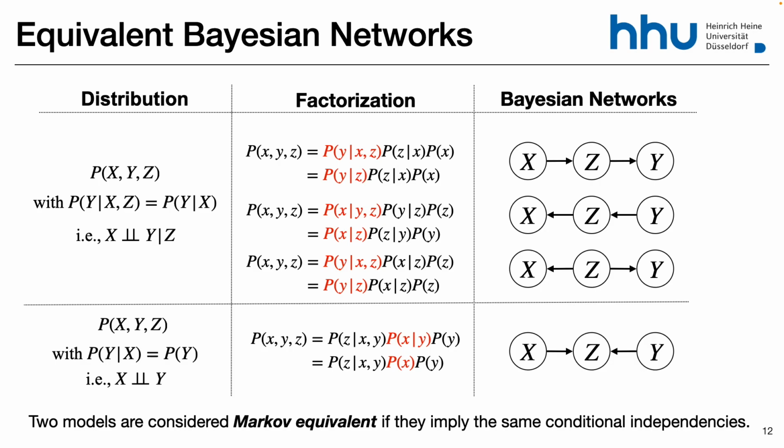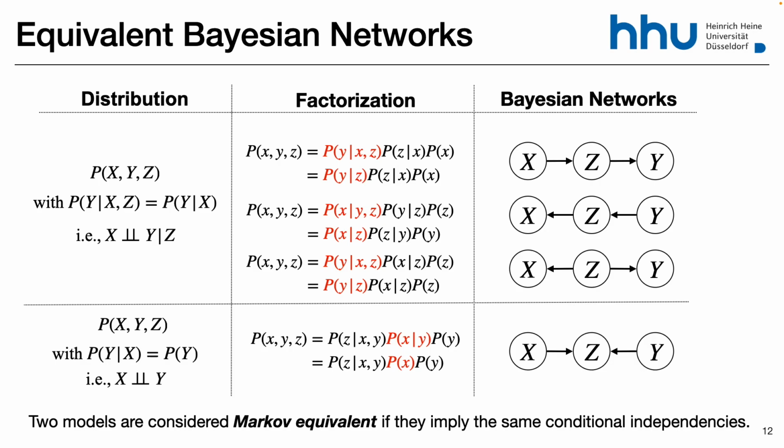So in this case, I think I mentioned this already. In the first case, I have 3 graphs that are considered equivalent. They are called Markov equivalent because they all imply the same set of conditional independencies. So we have this definition of Markov equivalence.